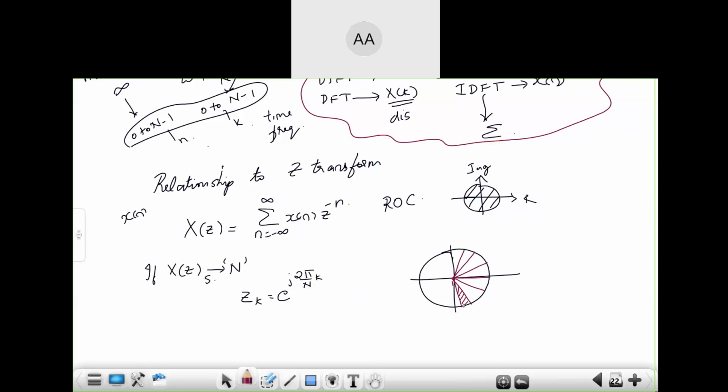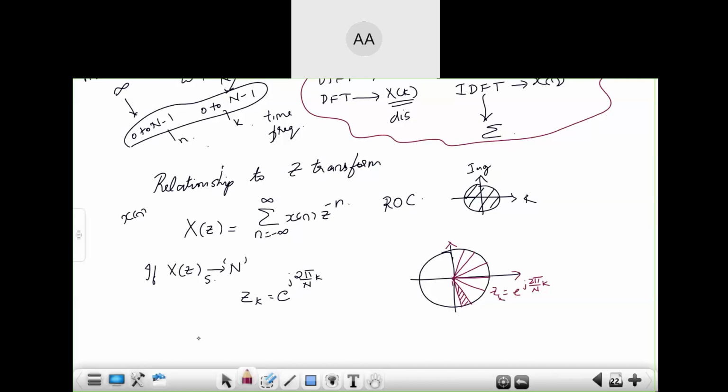So what is the meaning of this? This is on the unit circle, you will evaluate it such that your Z is equal to e power j 2 pi by N into k. That is the meaning. Zk you write because you are introducing the integer k value. So write down zk is equal to so much.